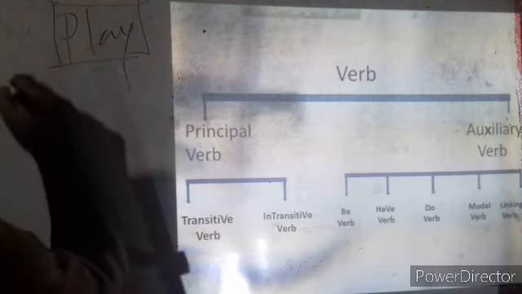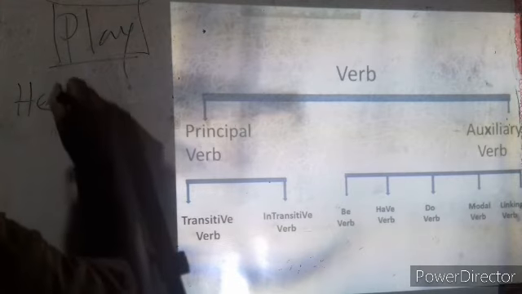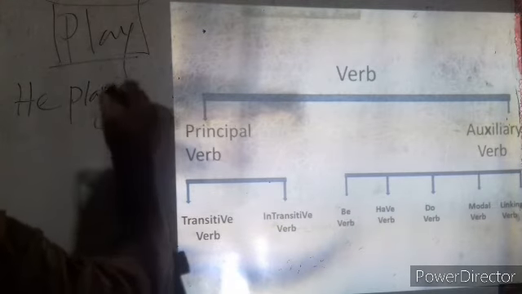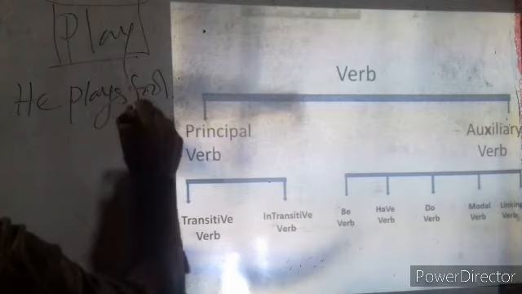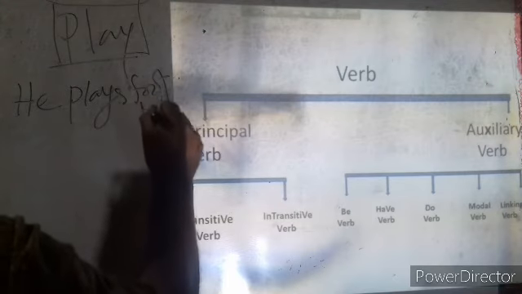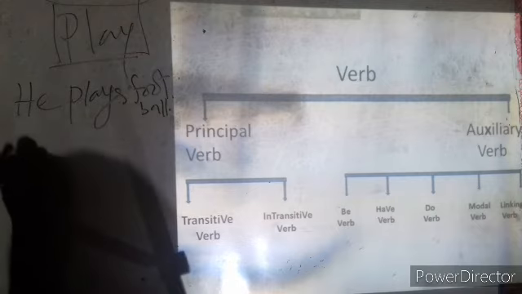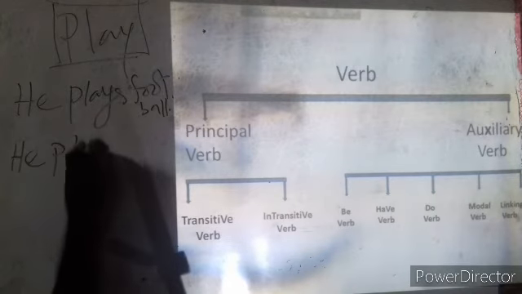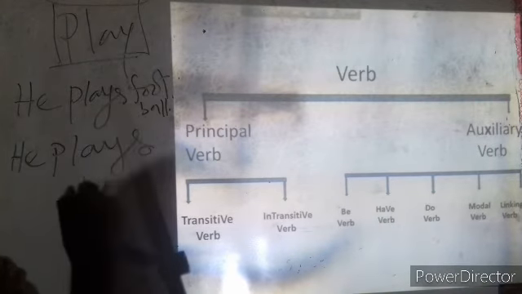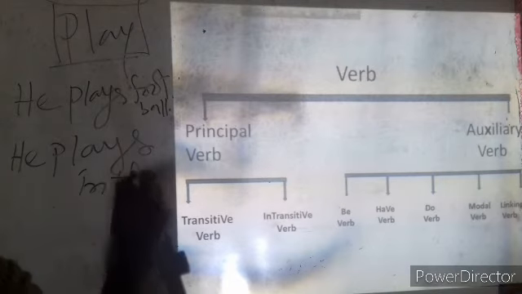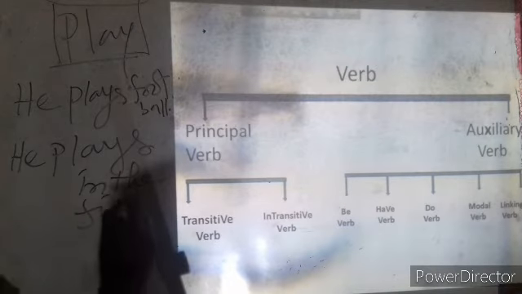Look at the board. He plays football. This is one kind of sentence. And he plays in the field.